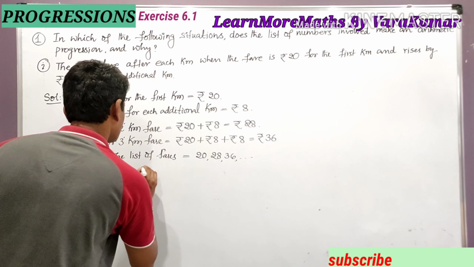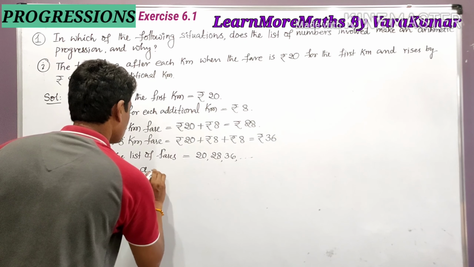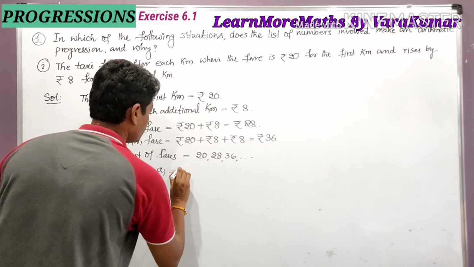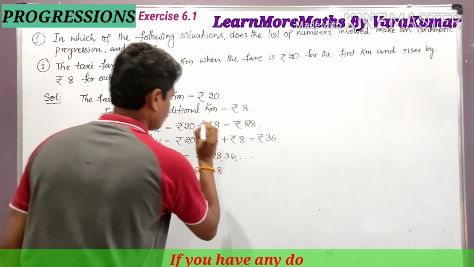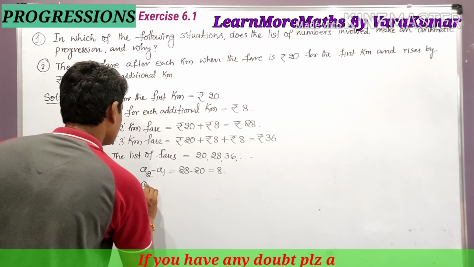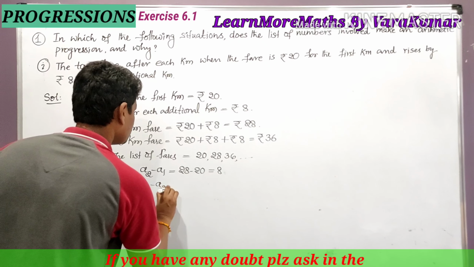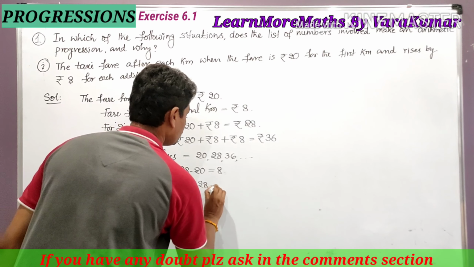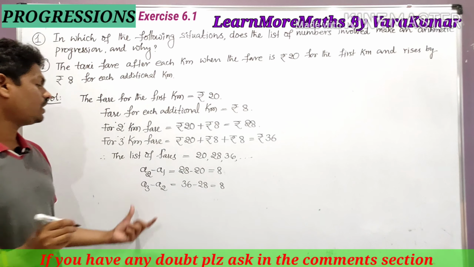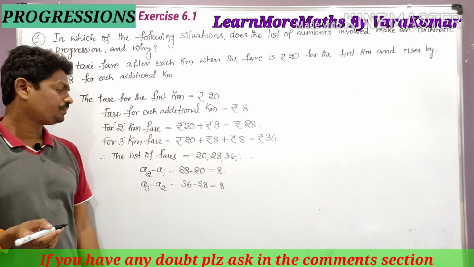Now we have to check whether it forms an AP. We have to find the common difference. A2 minus A1 is equal to 28 minus 20, which is 8. In the same way A3 minus A2 is equal to 36 minus 28, it is also 8. Therefore it forms an AP.